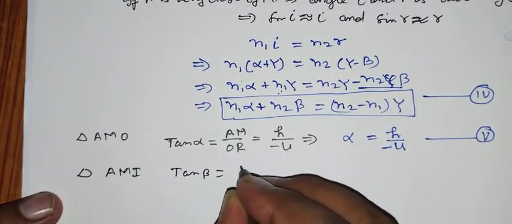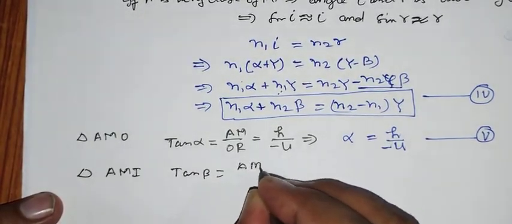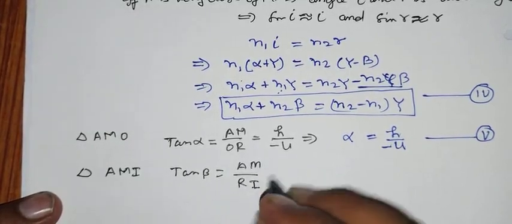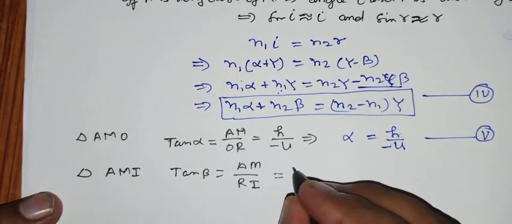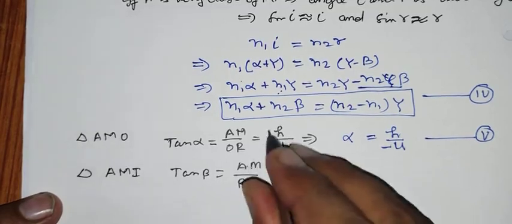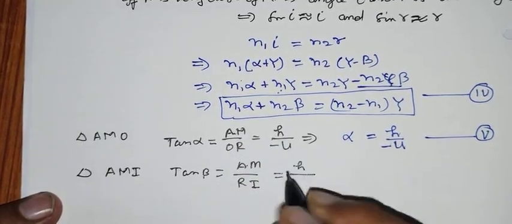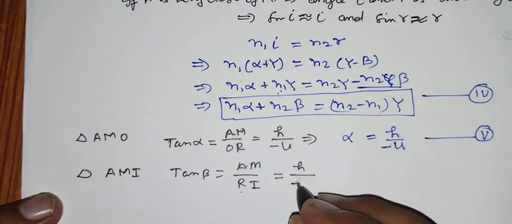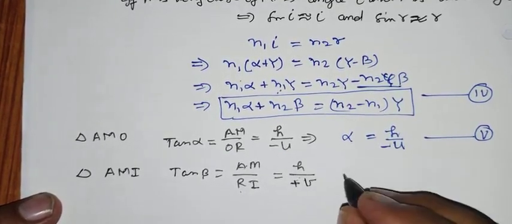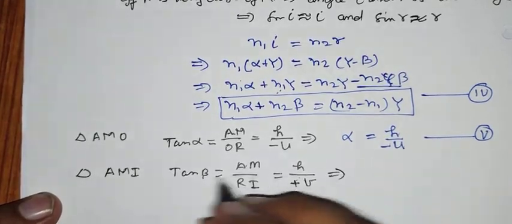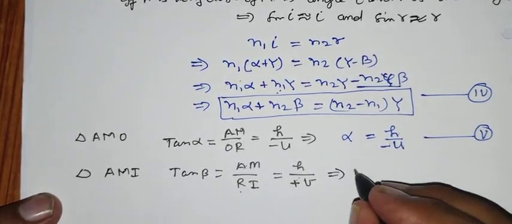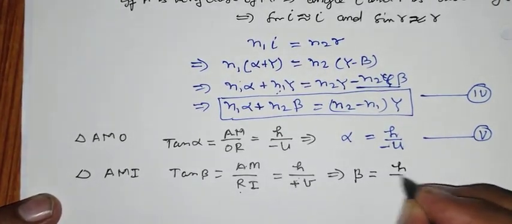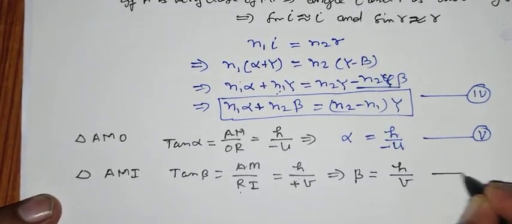AM is h as we have taken, and MI is plus v. If the angle is very small, tan beta can be written as beta, so beta is equal to h by v.